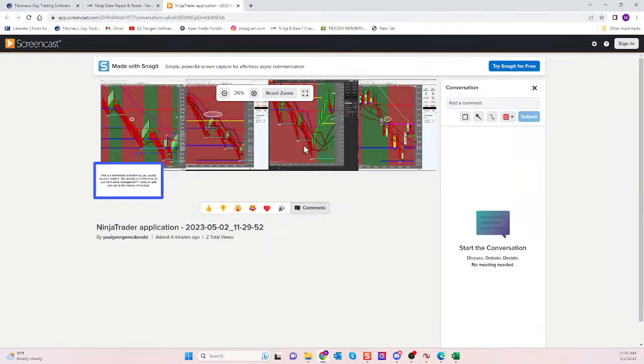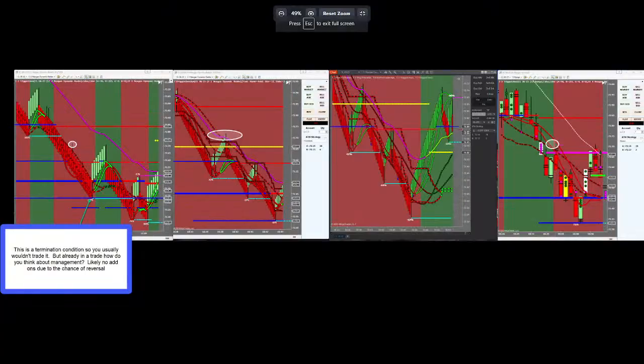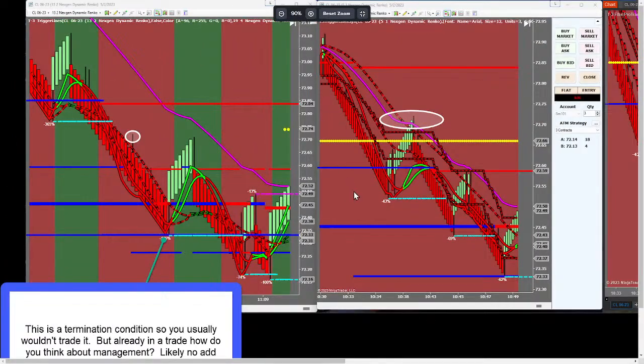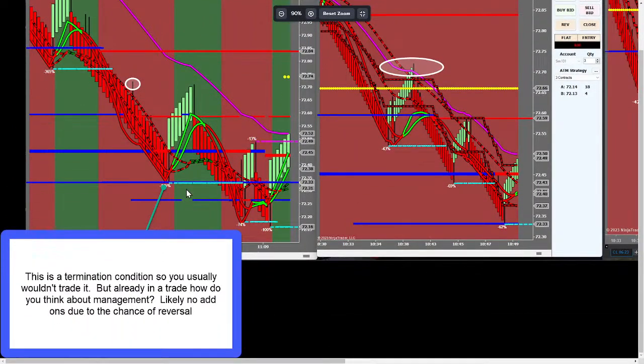Paul, I think this is where you have to just make a decision how much respect you're going to give termination conditions, right? Because you had one termination condition with divergence right here, and you chose to stay in, and you didn't exit with a divergence.